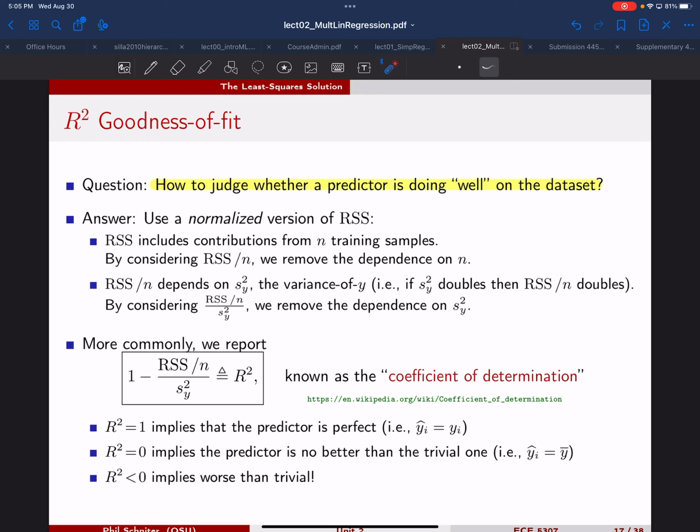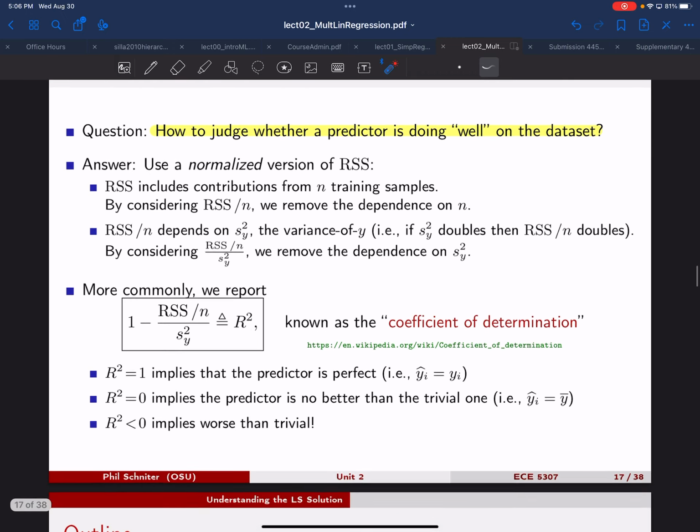And if you're getting r squared less than 0, it means you're doing even worse. So if you're coding least squares in the lab and you're getting a negative r squared, what does that mean? It means you made a mistake somewhere, right? It's impossible. So that's a good thing for debugging.